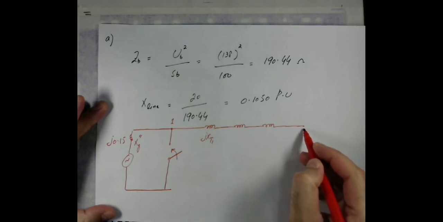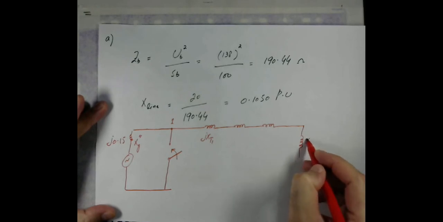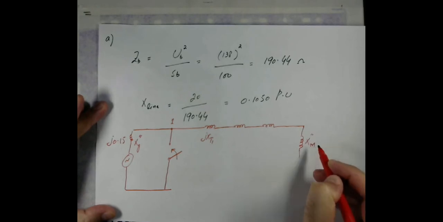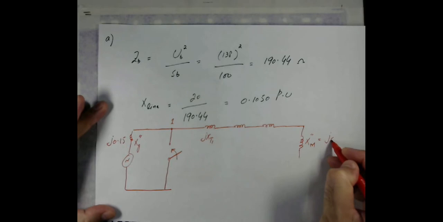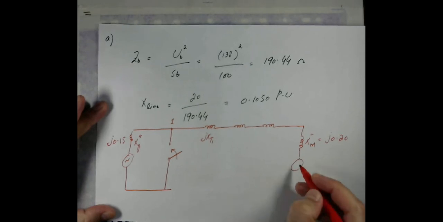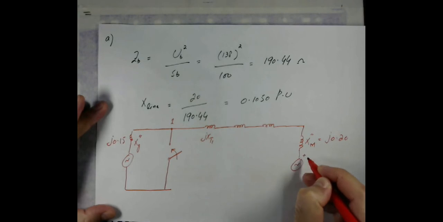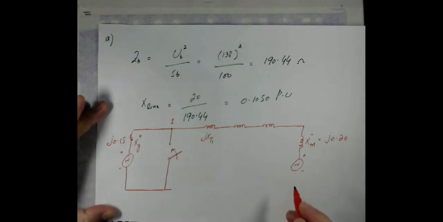Let's say that is bus number 2, and then we have the subtransient reactance of the motor, which is equal to J 0.20, and then we have the plus minus. We are considering the positive cycle.